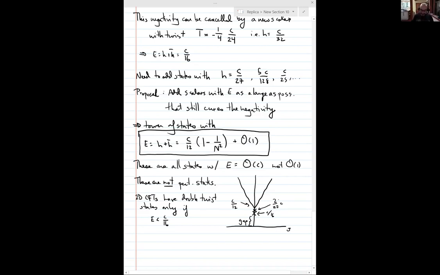So this C over 16 that we wrote down up here is precisely the smallest dimension or the smallest energy a state can have and not form a bound state. Good.